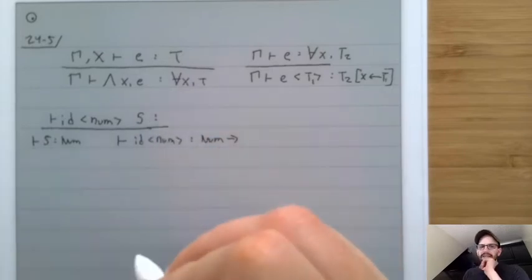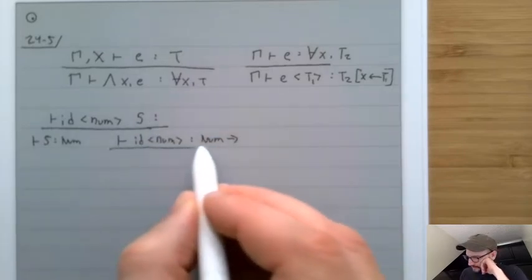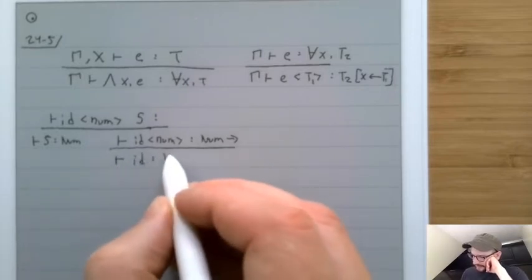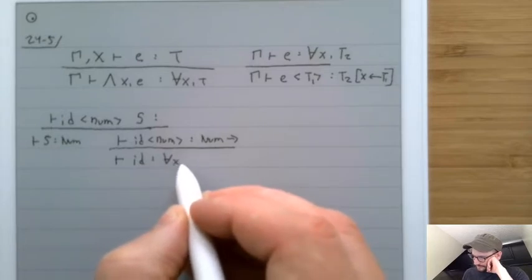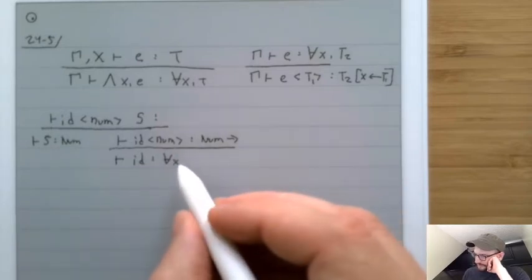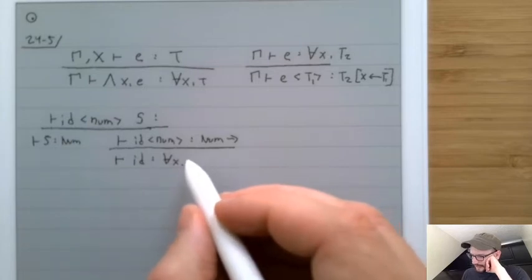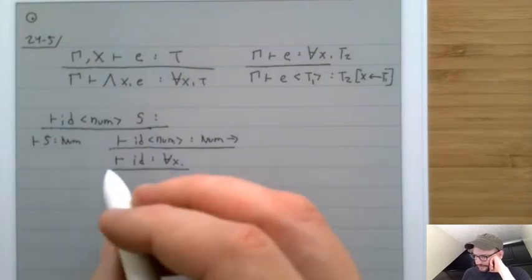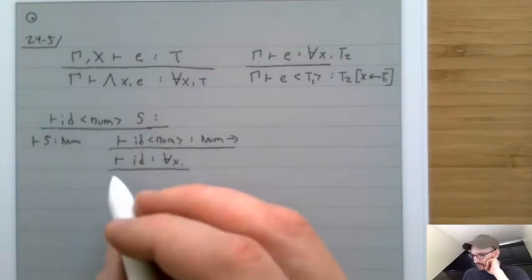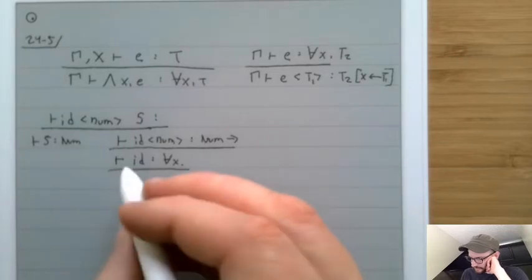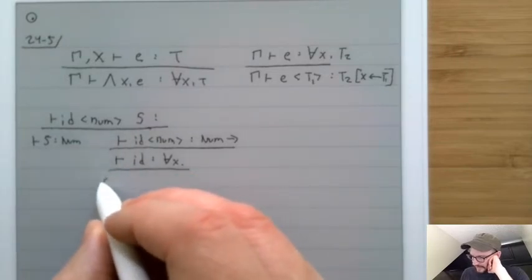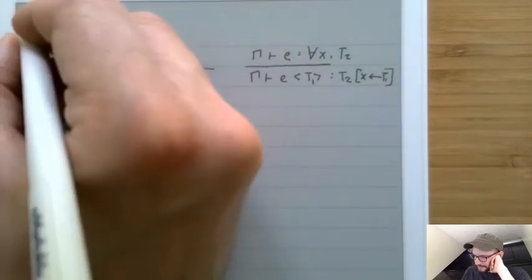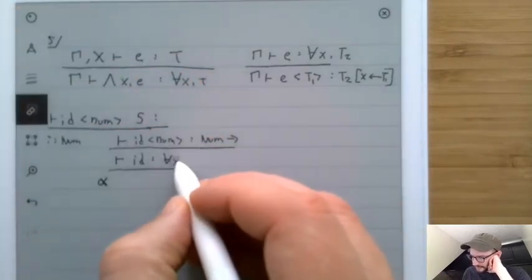Okay, well that right there is a type application. So that means that we have to prove that ID is of type for all x something. Well, let's look at what it is. ID is a for all, so that means that we're going to use this rule. So that means that we're going to say that if alpha is a valid type, actually, the name is going to be alpha here.